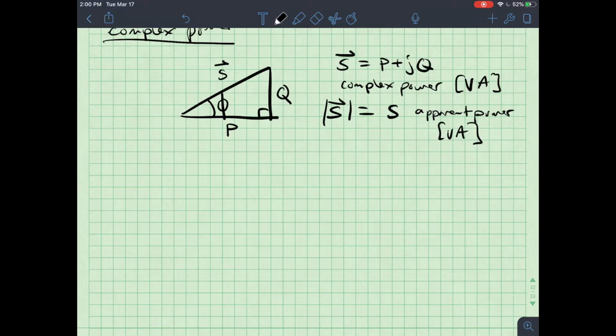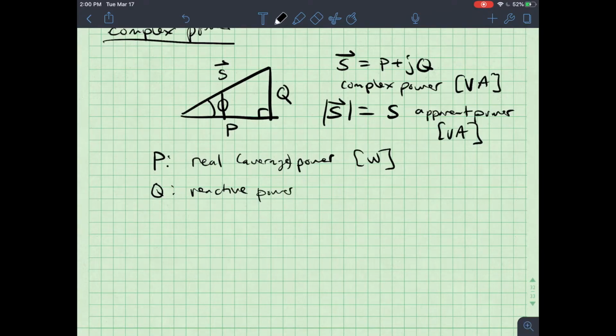When I start working with complex power, I want to distinguish between real power and complex power. So P is my real or average power. It's measured in watts. And then Q, which is my purely reactive power, is measured in volt amperes reactive.